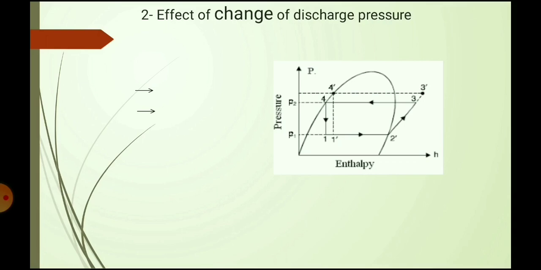The process 1, 2, 3 and 4 is the ideal cycle. This is 1, this is 2, not 2 dash.